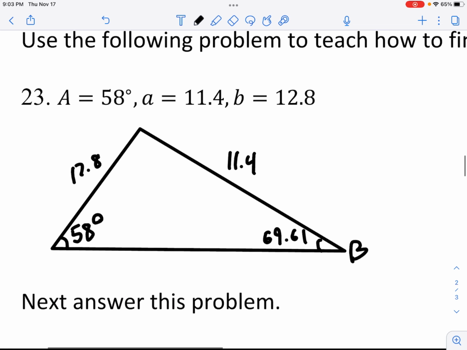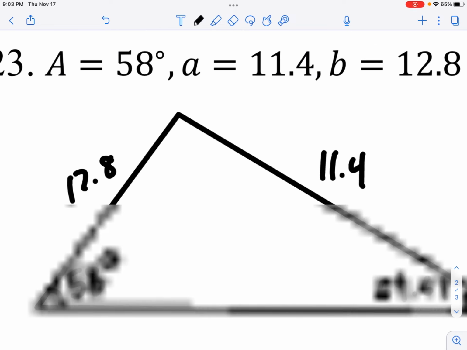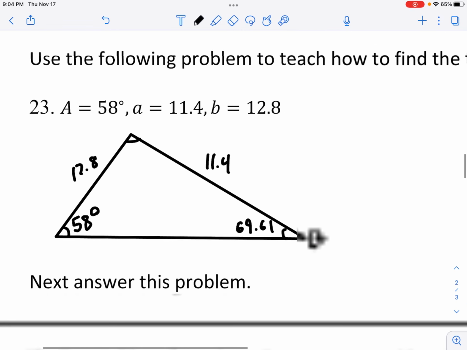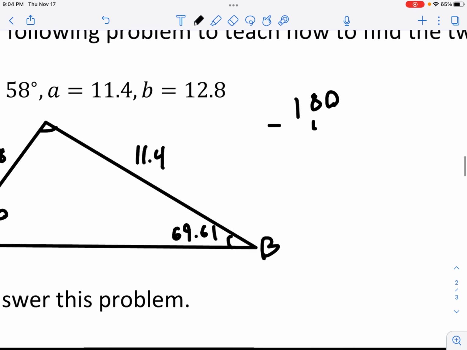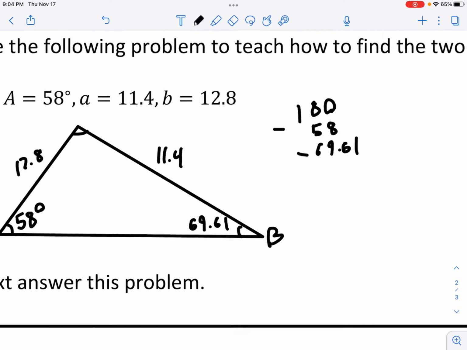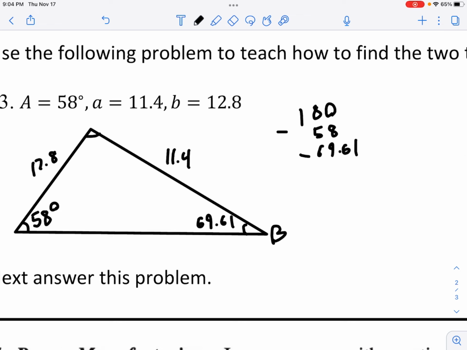So we need to find the angle of C. And this we could just do, because everything adds up to 180. We could do 180 minus 58, and then minus 69.61. I'm going to do that in my calculator real quick.